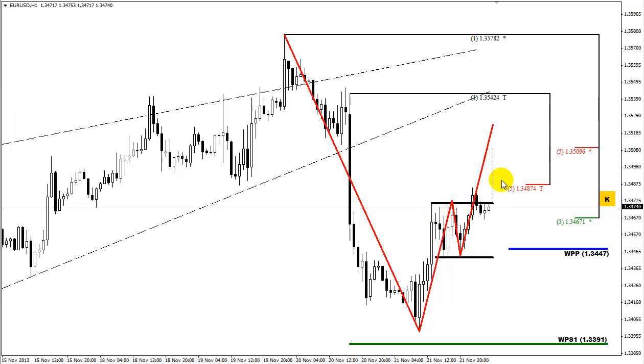Okay, so if the market passes through this confluence zone, the K area, and breaks above it, in my view this level would be the last chance for the bears to take control again on this up move.